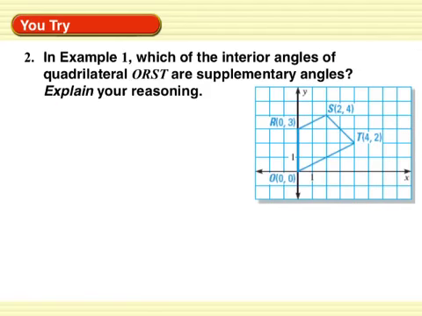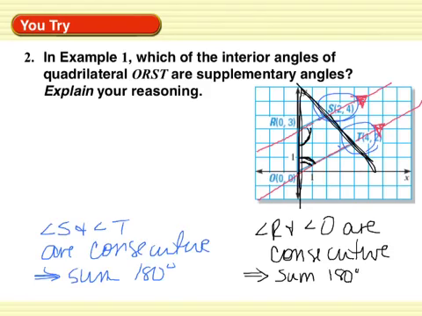You try. In example 1, which of the interior angles of quadrilateral ORST are supplementary angles? Explain your reasoning. I'm going to push pause and you can try to think about it before you look at the answer. Okay, I extended all the sides of the quadrilateral.